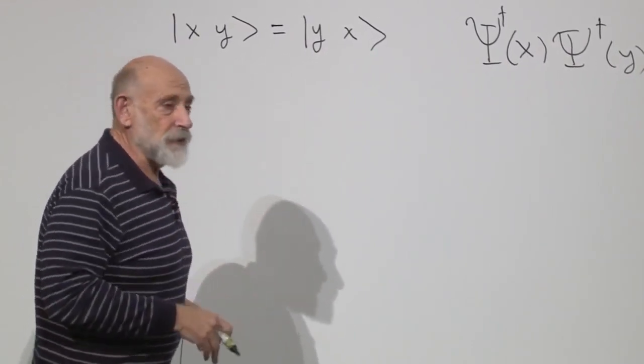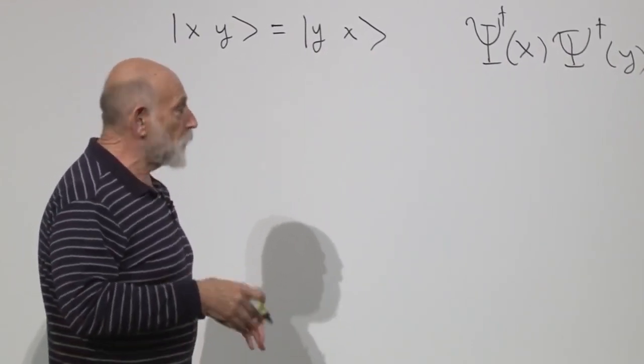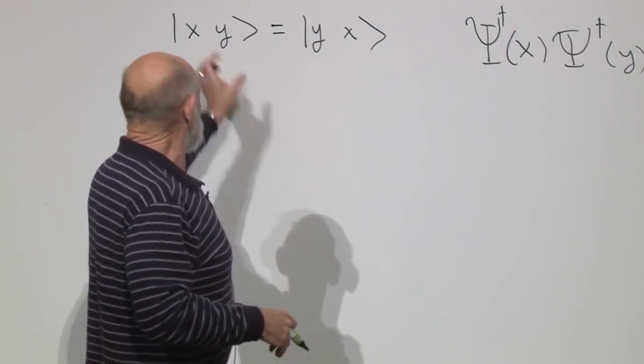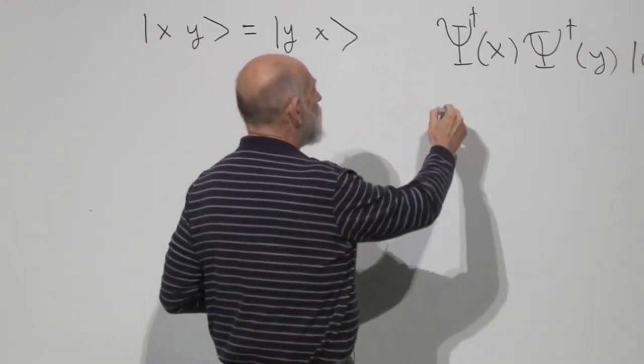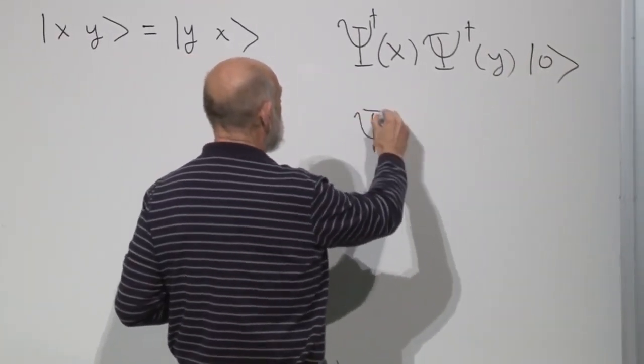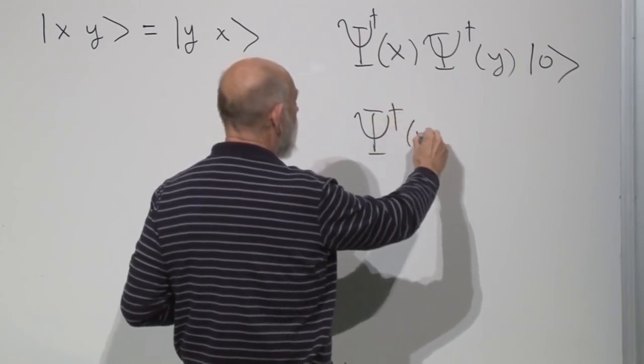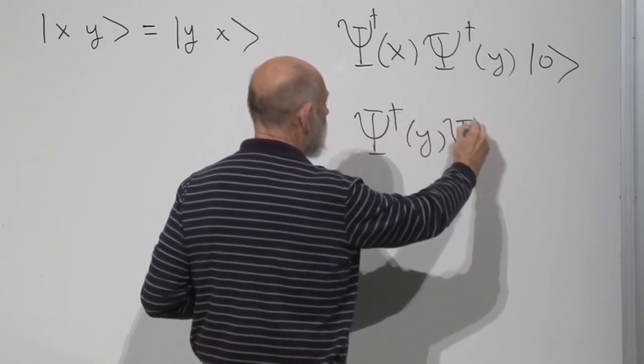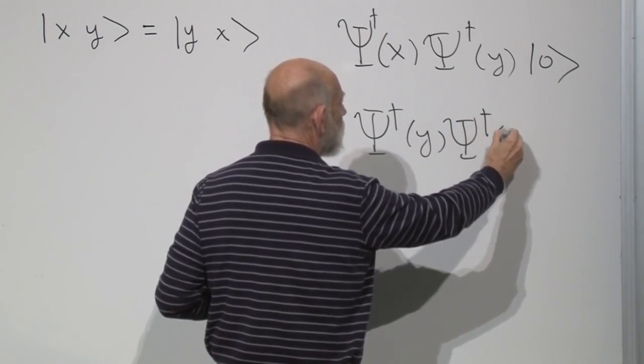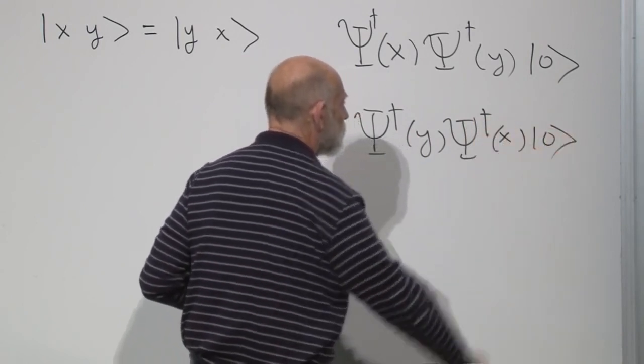Supposing I want to interchange the two particles. That's just interchanging x and y. That would be psi dagger at y, psi dagger at x, also acting on the vacuum.